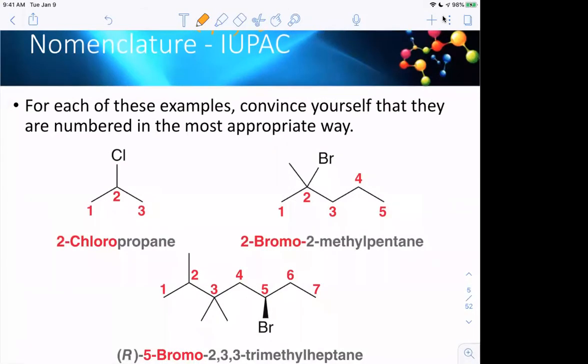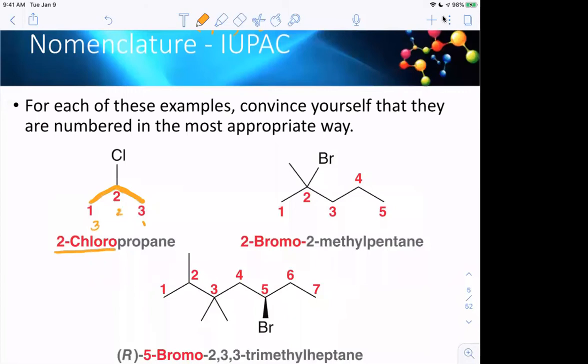So it says here, for each of these examples, convince yourself that they are numbered in the most appropriate way. This is my longest carbon chain. I could do it this way, but it doesn't matter. So my substituent is on the 2 carbon of the propane chain, regardless of which way I look at it.